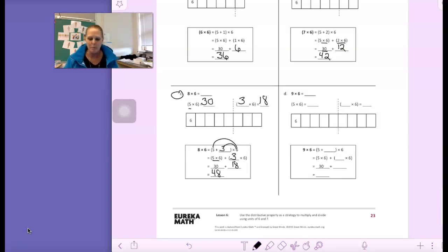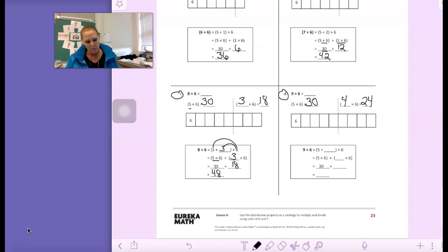Let's do letter D. We're trying to find 9 times 6. We have 9 sixes here. We're going to pull 5 out. We already know we're getting really good at 5 times 6, right? 5 times 6 is 30. We should know that. If we pull 5 from 9, we're left with 4. 4 times 6 is 24.